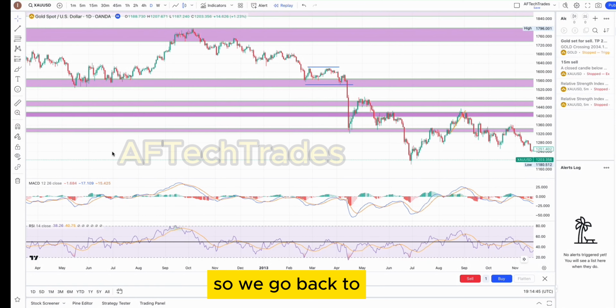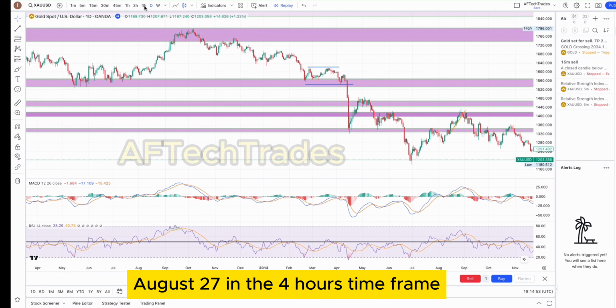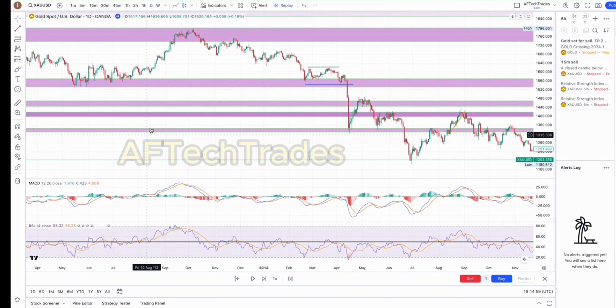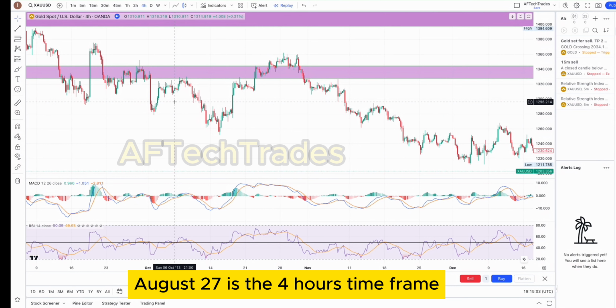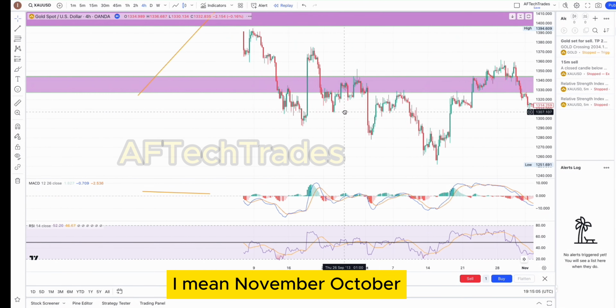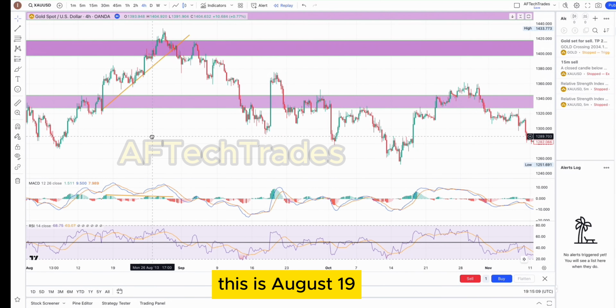So we go back to what I said here: we look for August 27 in the 4 hours time frame. August 27, this is the 4 hours time frame. I'm in November, October. This is August 19.